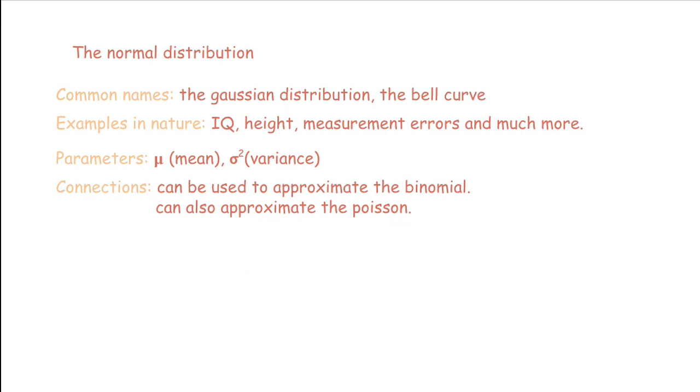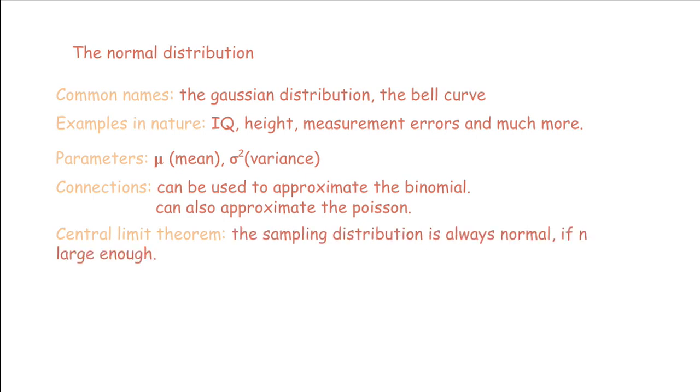Another amazing fact about the normal that contributes to how important it is, is the central limit theorem. It says that if you take large enough samples from any distribution and use the means of the samples to build a new distribution, it will be approximately normal.